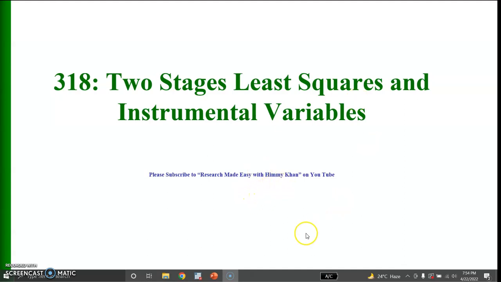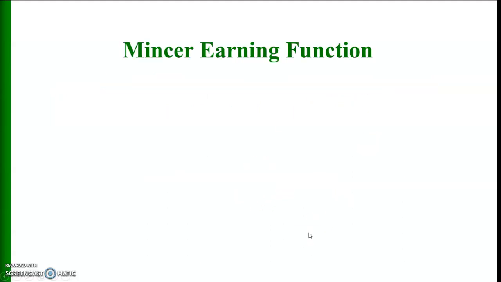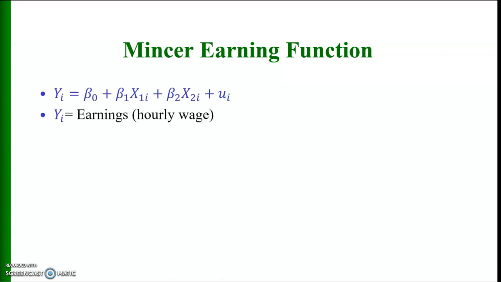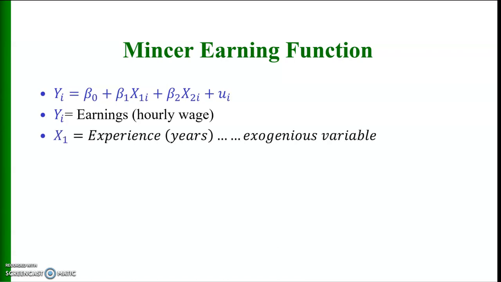So let me start with an example, and I would like to start with the conventional Mincer earning function. In the Mincer earning function, the dependent variable yi is hourly wage, and x1 is years of experience, which is an exogenous variable, not determined within this model.